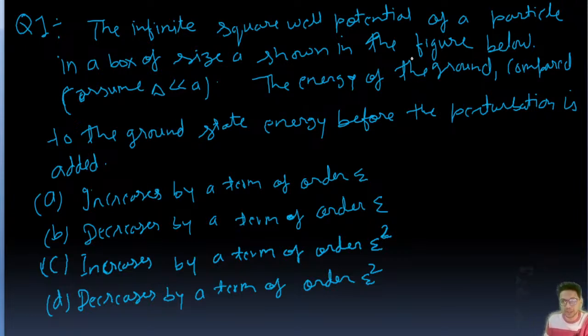So the question is the infinite square well potential of a particle in a box of size A shown in the figure. I'm going to make a figure below, and assume delta less than or equal to A, the energy of the ground state compared to the ground state energy before the perturbation is added. First I'll make a figure, then it will be clear. Initially, before perturbation, this is the state of the particle in the box.